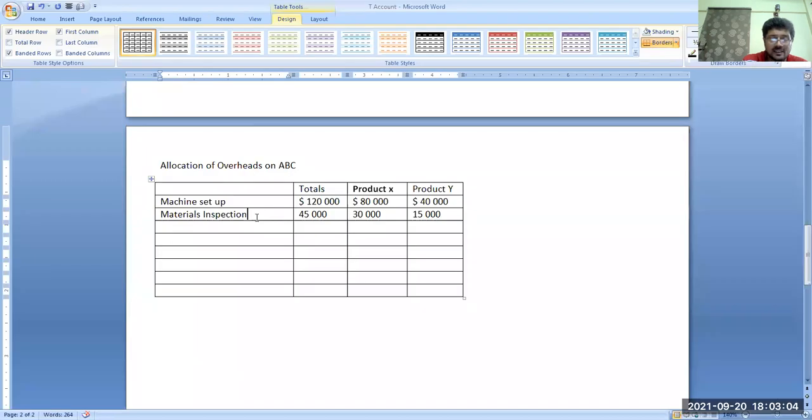Material handling and inspection. Sorry, my mistake. Inspection cost total 15,000. Product X, it is 9,000. For product Y, it is 6,000.